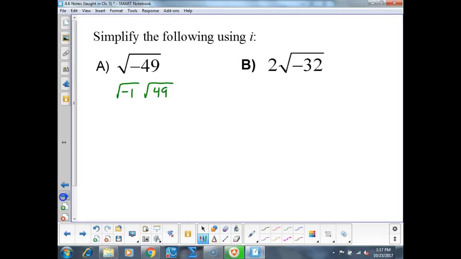And taking the square root of that. The square root of negative 1 is i. The square root of 49 is 7. So the square root of negative 49 is equal to 7i.